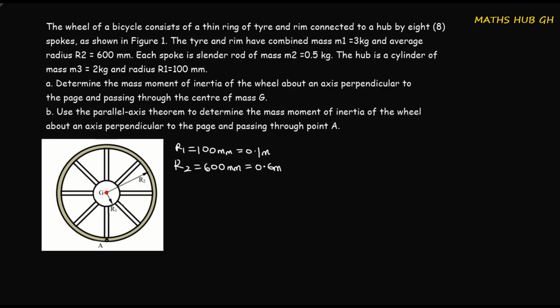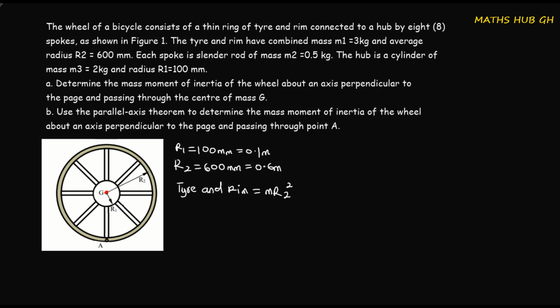For the tie and the rim, the mass moment of inertia will be equal to m r squared, but in this case the radius will be r2, so we're going to have m r2 squared. This will be the formula we will use to calculate the mass moment of inertia for the tie and the rim.